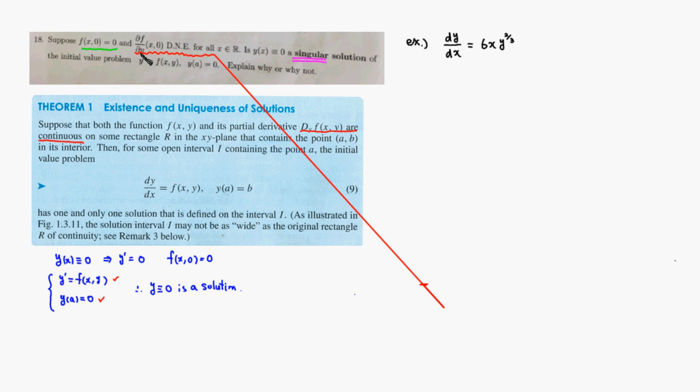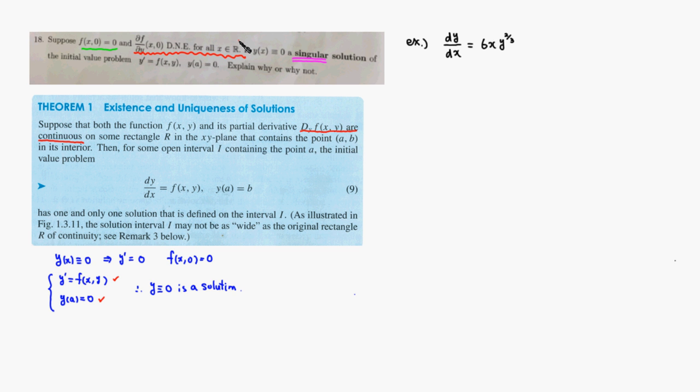This says that the partial derivative of f with respect to y actually does not exist. So with that condition, it does not satisfy the hypotheses of the existence and uniqueness theorem. So it's not guaranteed that we're going to have a unique solution for this initial value problem.